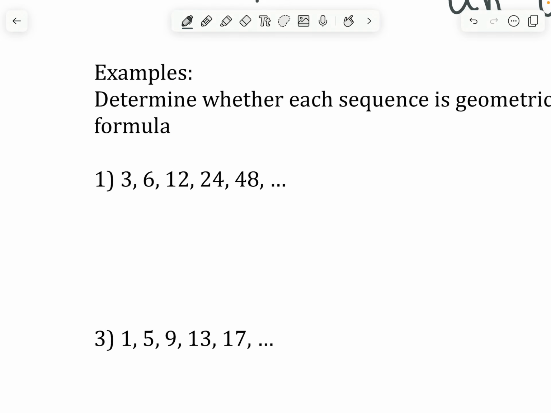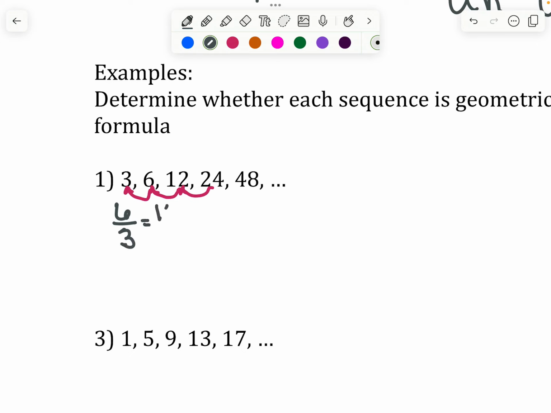So the way we're going to find our common ratio is we're going to take the second divided by the first, and then the third divided by the second, the fourth divided by the third, and so on. So we're going to do 6 divided by 3. And we want to know, is that the same as 12 divided by 6?